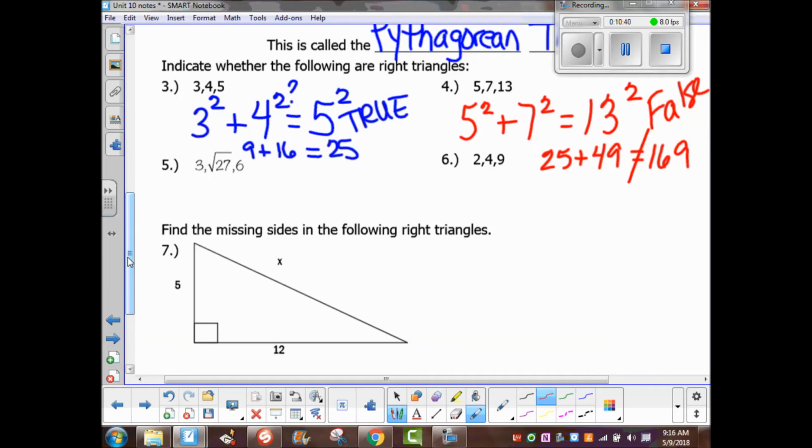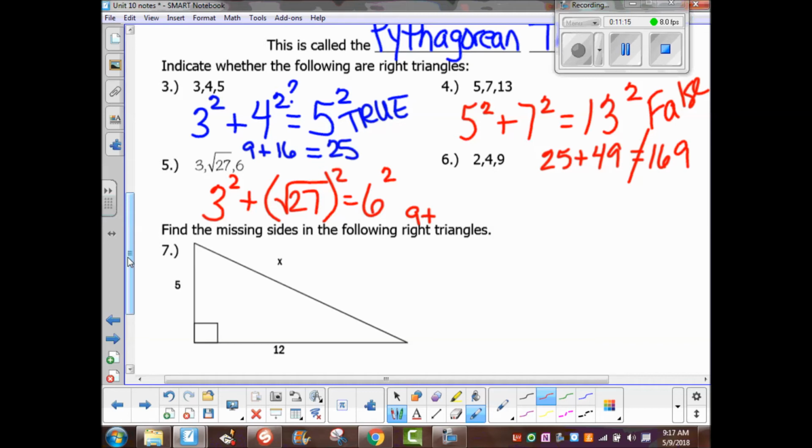Okay. Now, let's go ahead and substitute that in. 3 squared plus, now I'm going to put the square root of 27 in parentheses to square it. And we said that 6 is my largest. So what is 3 squared? 9 plus. Now, what happens to the square root of 27 squared? Use your calculator.